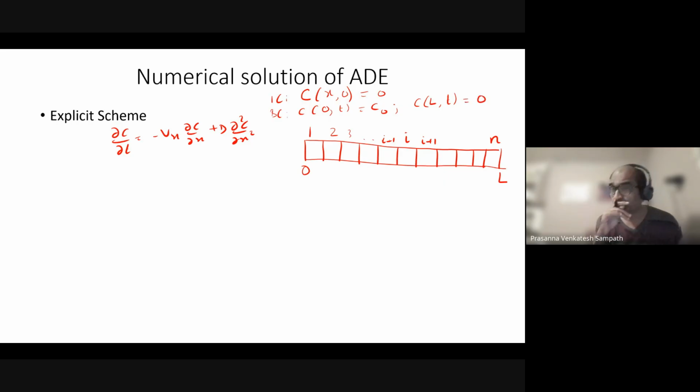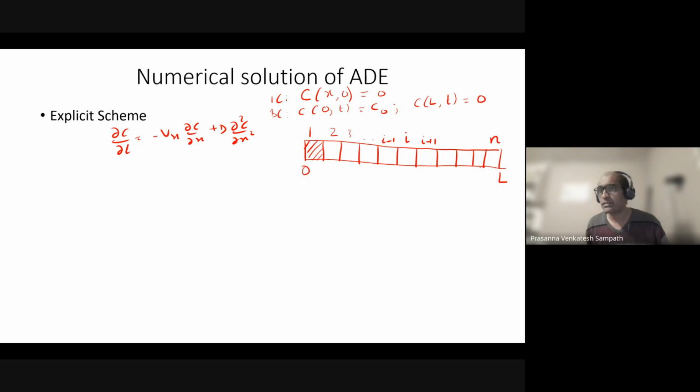These are my boundary conditions, which means even before I start solving this problem, I have broken up my domain into these n number of boxes, but by virtue of my boundary condition, I already know what the concentration is at the source at x equal to 0. This box represents x equal to 0.